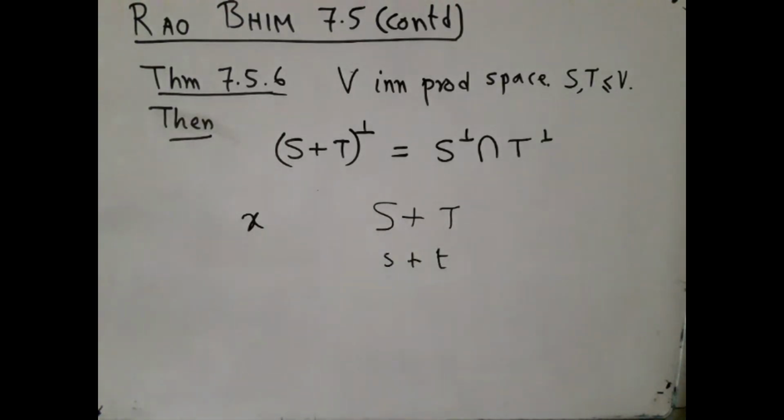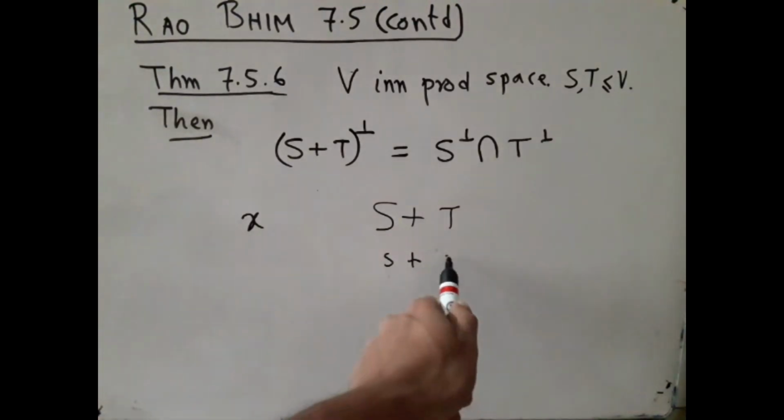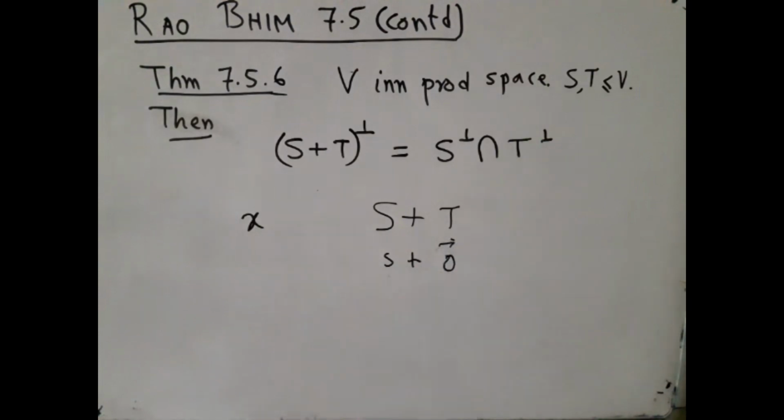Well, suppose I take t equal to the 0 vector, because since T is a subspace, it must contain the 0 vector.